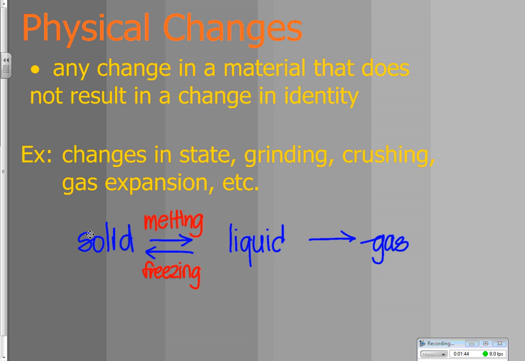If I go from a liquid to a gas, that is called evaporation. And if I go back from a gas back to a liquid, that process is called condensation.